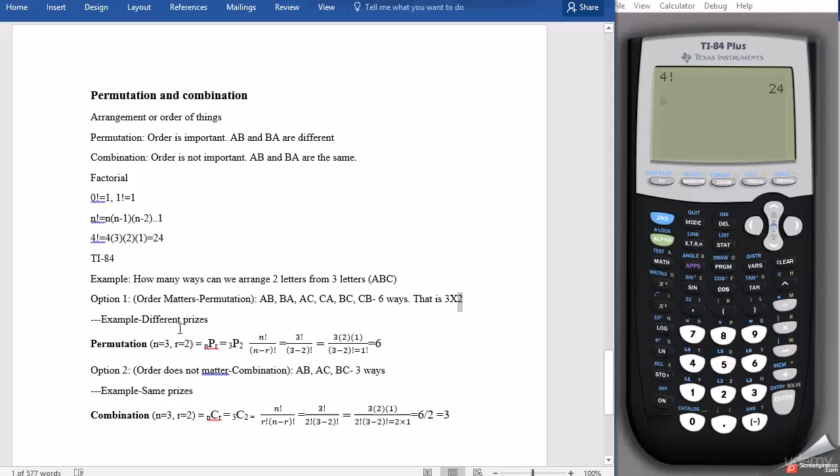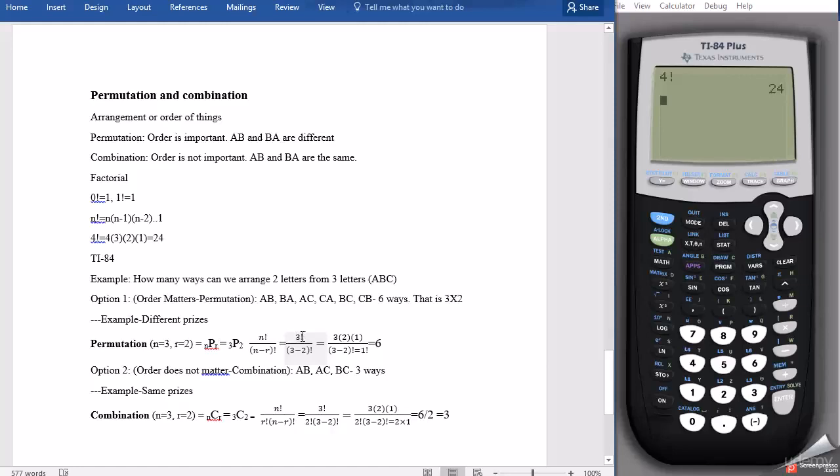Now, to do this using the formula for permutation, n is 3. We have 3 letters, and then we want to choose 2 letters from those 3. So this is how we write it: nPr, n permutation r. So n is 3 and r is 2. This is the formula: n factorial divided by (n minus r) factorial.